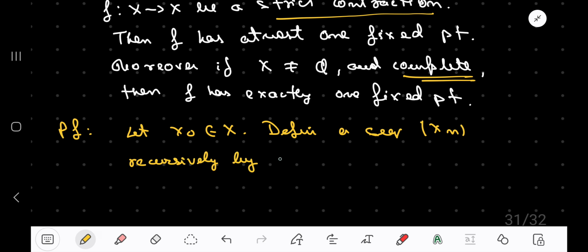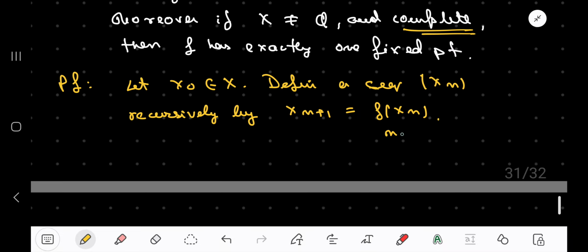Recursively, we define x_{n+1} to be f of x_n, for n equal to 0, 1, 2 and so on.